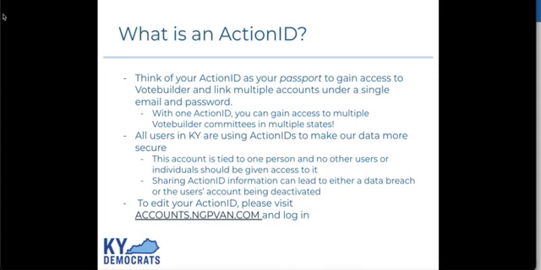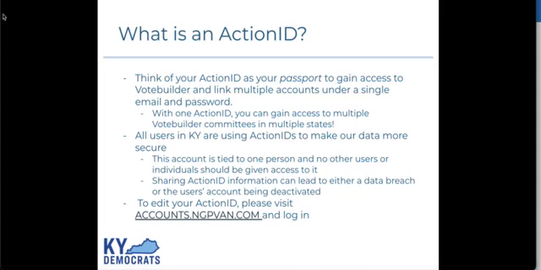Now we're going to go over some of the other things that are really important when getting an account and creating it. First is going to be, what is an action ID? That is probably a word a lot of folks haven't necessarily heard or don't know what we're talking about.